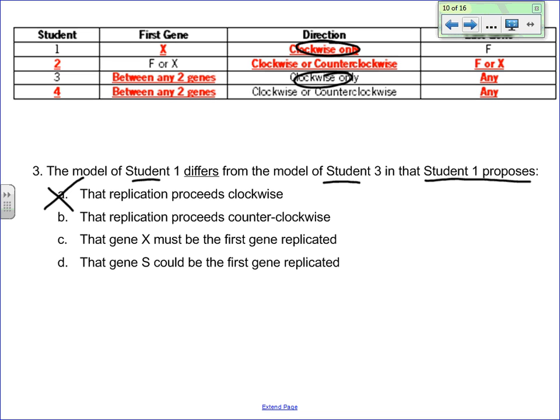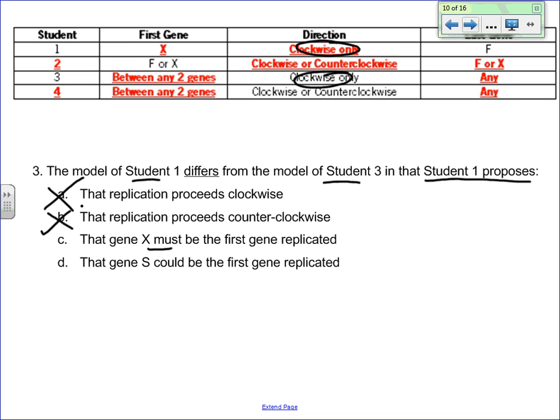All right. What about the next one? Replication proceeds counterclockwise. First off, does student 1 say it? No. So we already know that that's not the answer. Next one. Gene X must be the first gene replicated. And now we see the word must here. So X. Does student 1 say that X must be first? Yes.